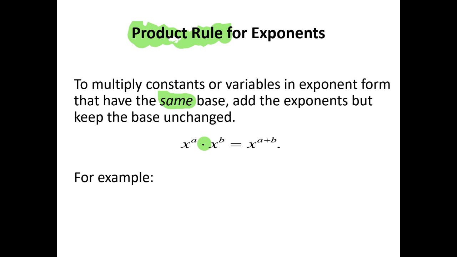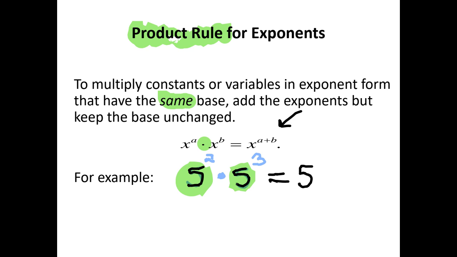Well, this is 5 squared times 5 cubed. The product rule says this base and this base have to be the same number. Well, they are. They're both 5. So therefore, take 5, 2 plus 3 to give me 5 to the 5th power.